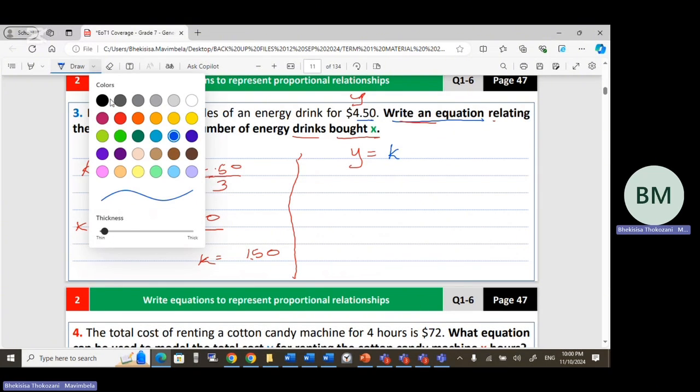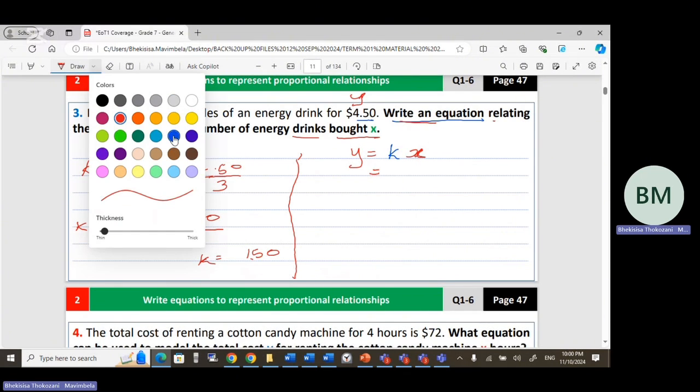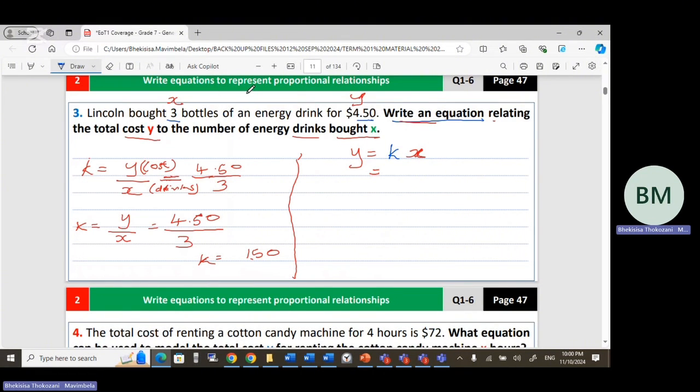This is what we said, right? Y is equal to kx. And guys, we already have our k. We just discovered what is k. So we said that k is 150 here.